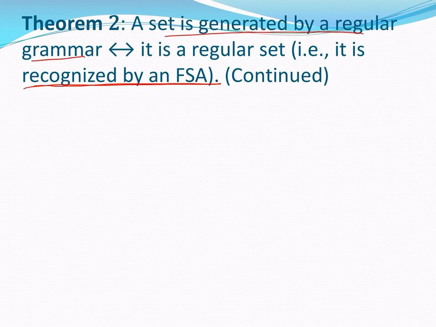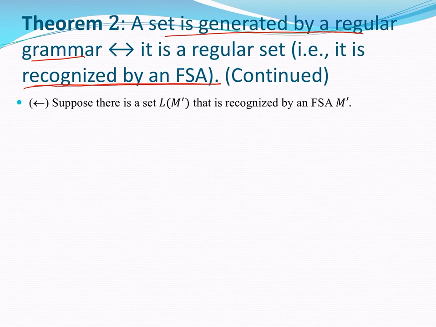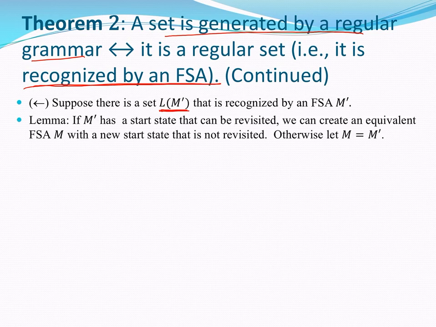So we begin by assuming we have an FSA that recognizes the language, where our machine is M prime. Now we have a slight nuance that we need to take care of.